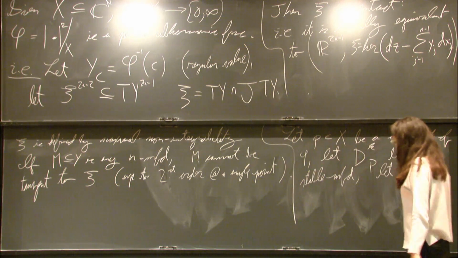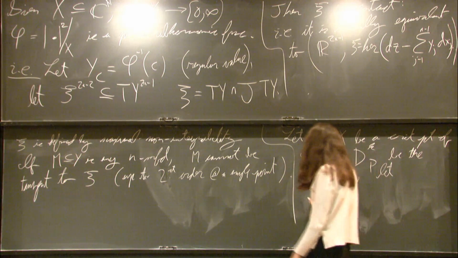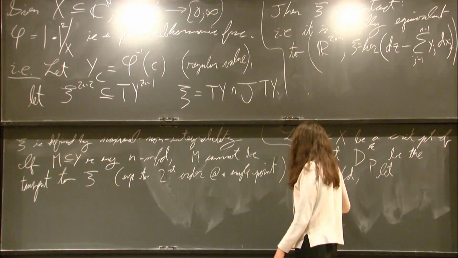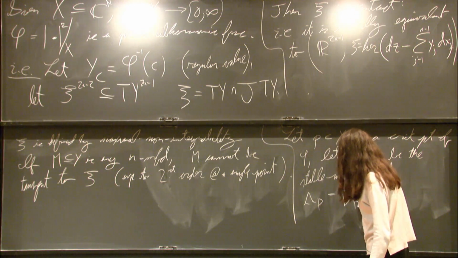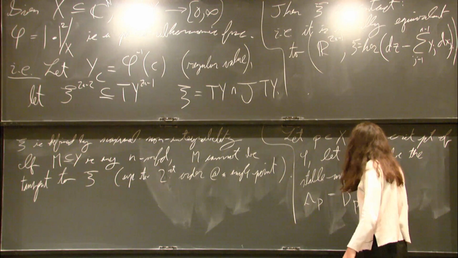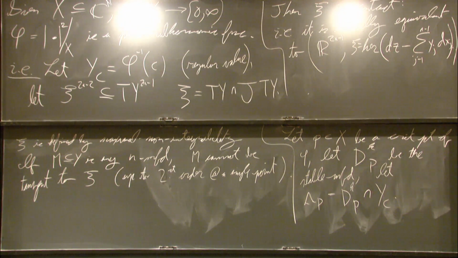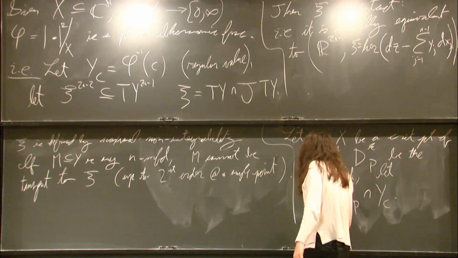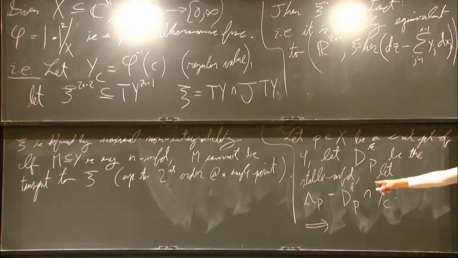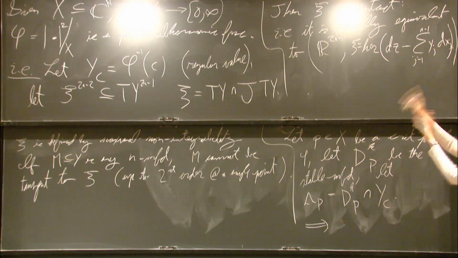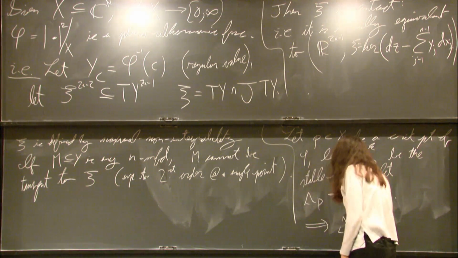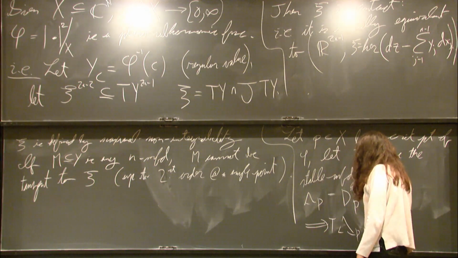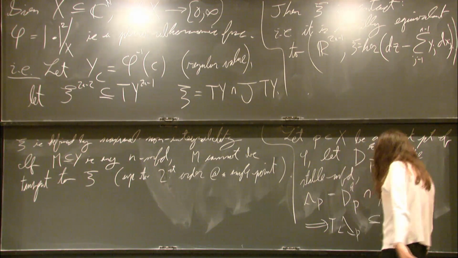And I'm going to let lambda_p be how this stable manifold is intersecting Y. So then it's a fairly easy computation that this lambda is always tangent to this xi.